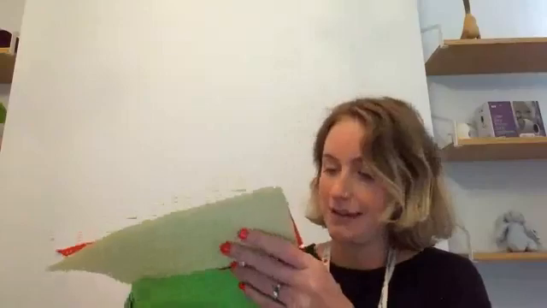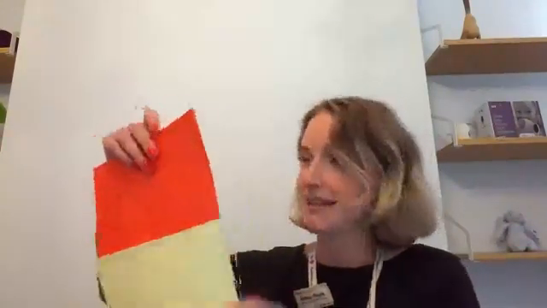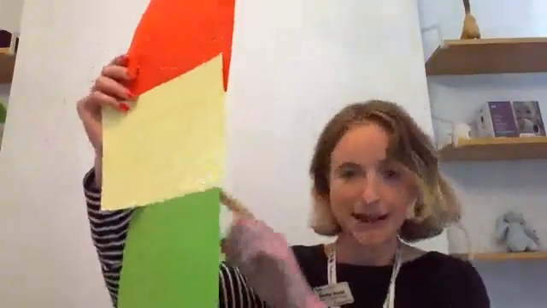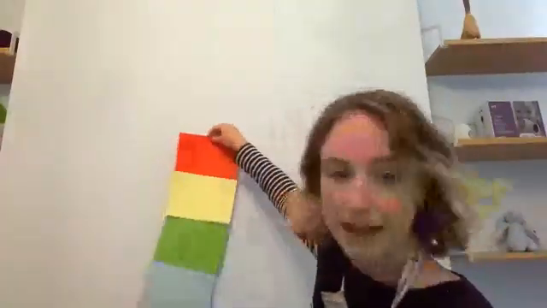Now I did find some coloured paper at home, so I've stuck my different pieces of paper for the different zones together. So I've got different coloured card. I stuck it together with sellotape at the back, and I'm going to stick it up here.